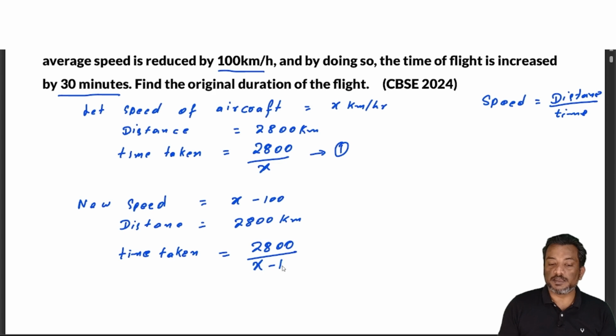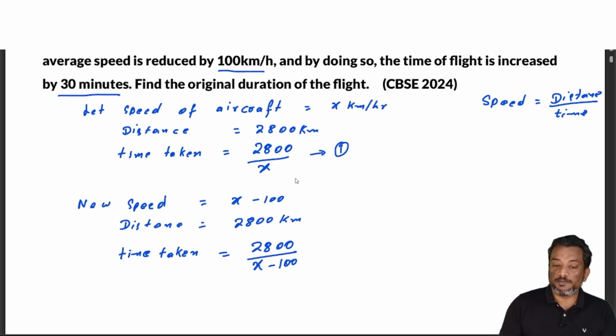Now it is saying previously it was taking some time, suppose like 4 hours. Now that is increased by 30 minutes. Which means the time taken to reach the destination is now 4 hours 30 minutes. Everything else is the same. Just as an example, previously the duration was 4 hours, now the duration is 4.5 hours. So this is equation 2.